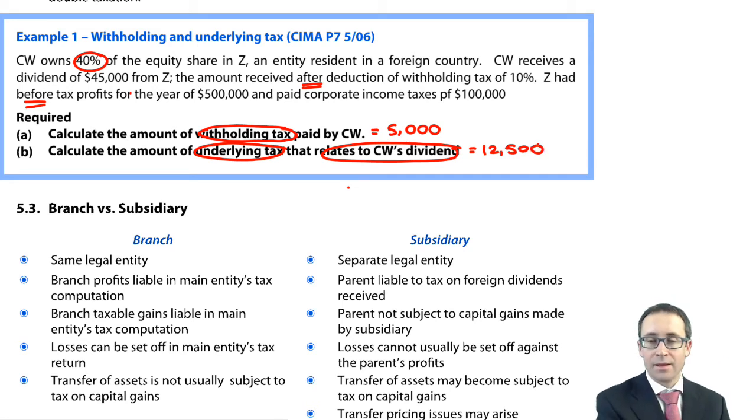If there was no tax within any of the jurisdictions, we wouldn't have got 45. We'd have got 45 plus the 5, which is 50, and the 12,500 of underlying tax. But because of underlying tax and withholding tax, we only actually received 45,000. Work that question through again.